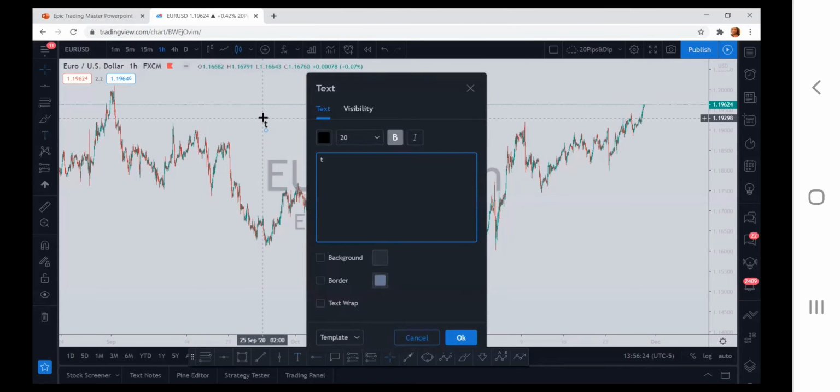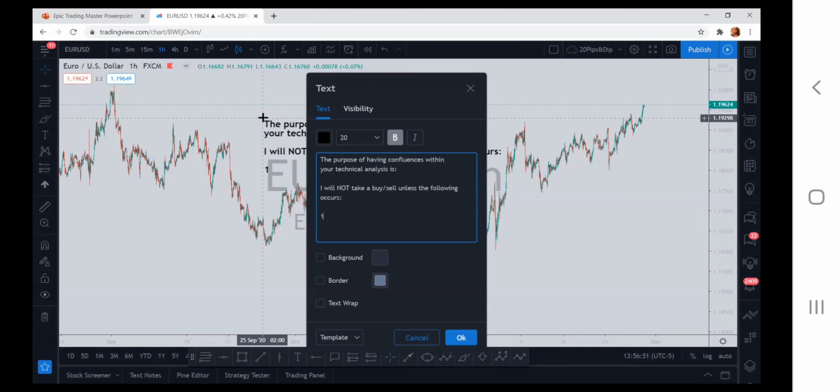The purpose of having confluences within your technical analysis is the following. I will not take a buy or sell unless the following occurs.